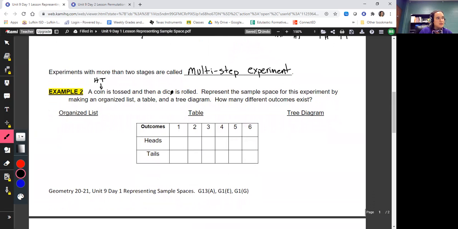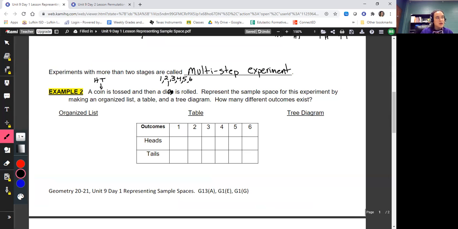And a die being rolled. When we roll a standard die, we've got 1, 2, 3, 4, 5, and 6 as our possible outcomes. We want to represent the sample space again with an organized list, table, and a tree diagram.